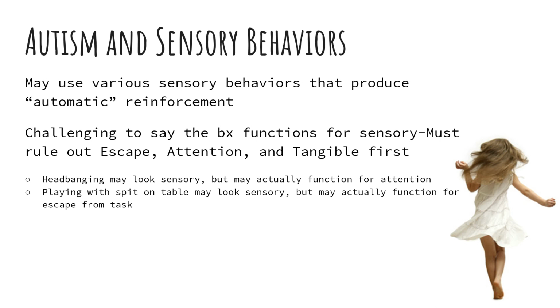So we don't automatically go into a situation, look at a behavior that could look like a sensory behavior, and say that the function is sensory. We need to rule out that the behavior is not occurring for escape or attention or a tangible first, and then look at the sensory function.